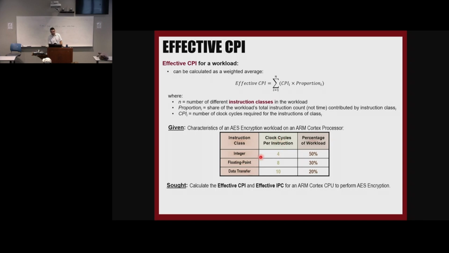The CPI for integer instructions is 4, for floating point instructions is 8, and for data transfer instructions is 10. 50% of the workload belongs to integer instructions, 30% to floating point, and 20% to data transfer. But this completely depends on your workload. If you have a machine learning workload, things can change in terms of data transfer, integer, and floating point, right? But let's say this encryption task has this kind of workload.